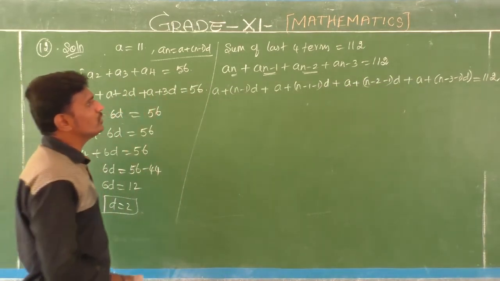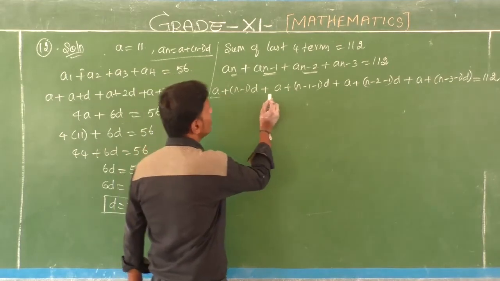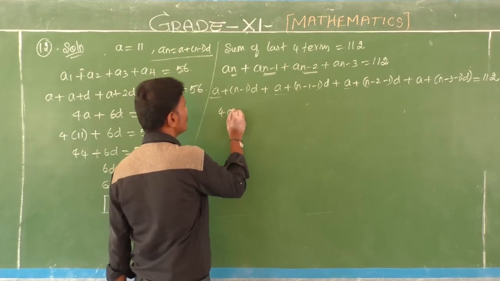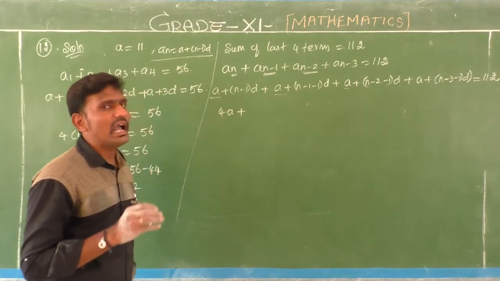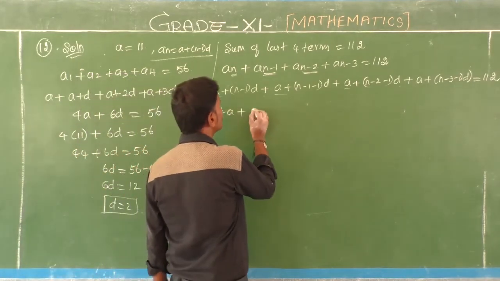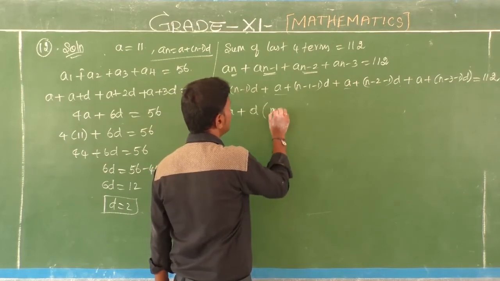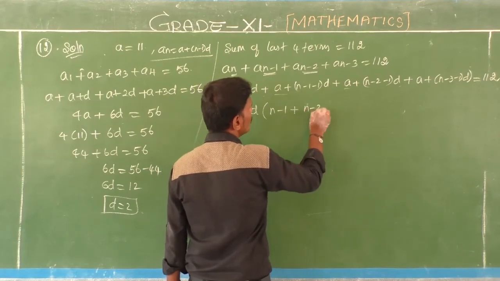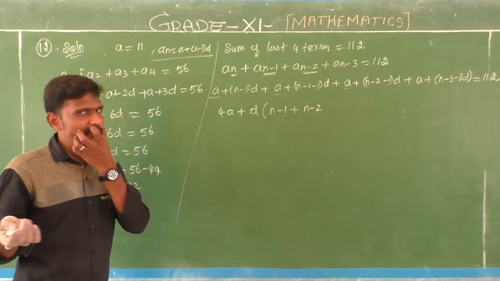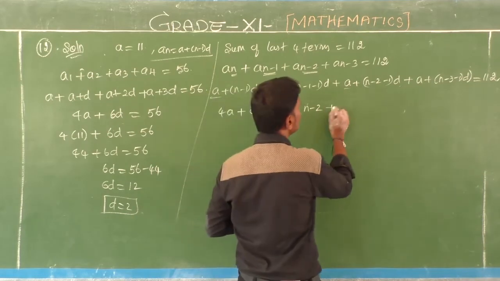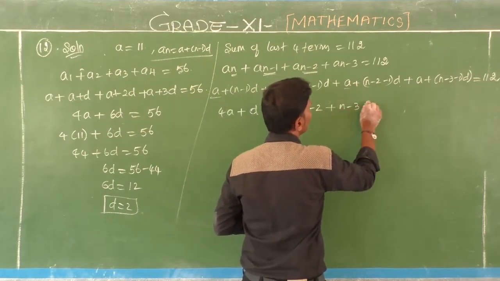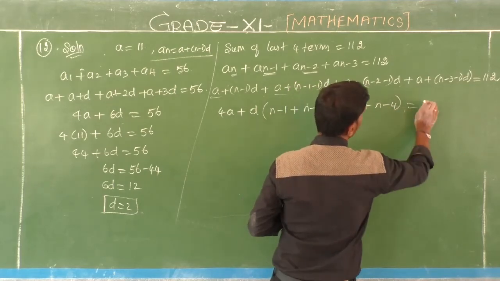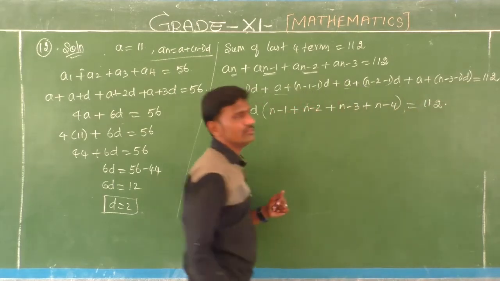For that I am going to compare the terms. There are 4 terms having a, so 4a. And d is common in all the terms, and here n minus 1, and next plus n minus 2, because of minus 1 minus 1 is minus 2, and next term plus n minus 3, then finally n minus 4, which is equal to 112.